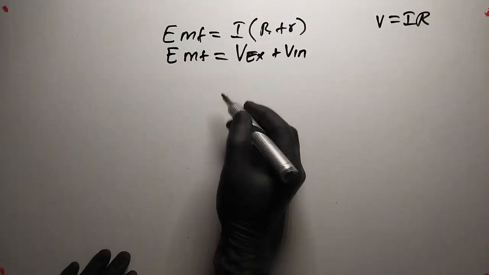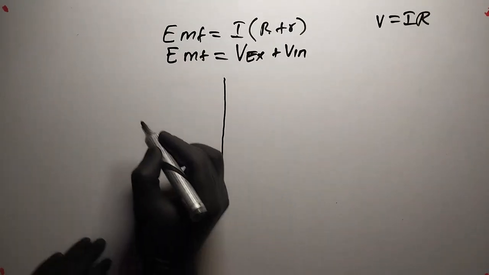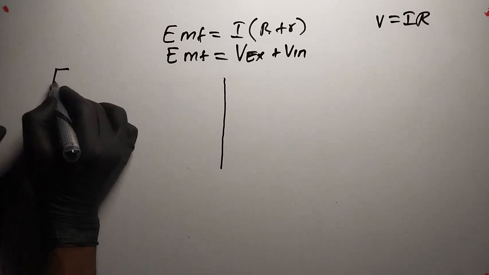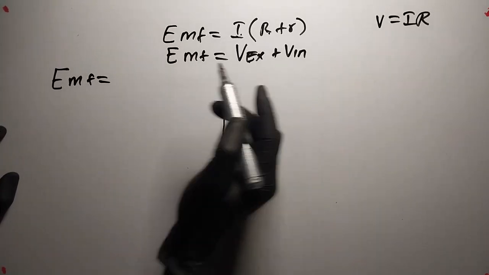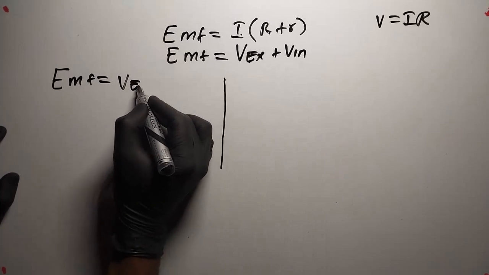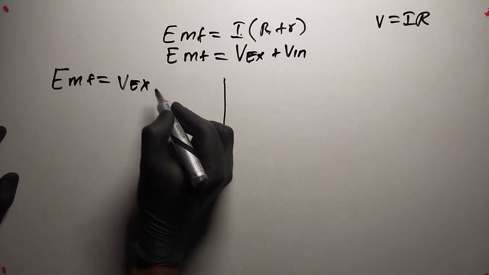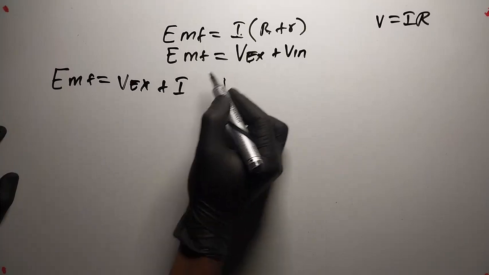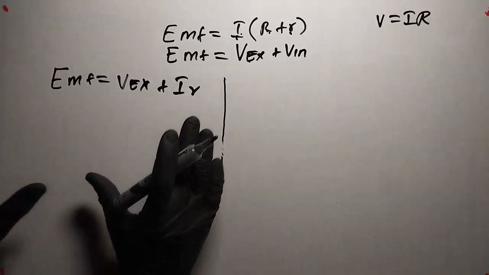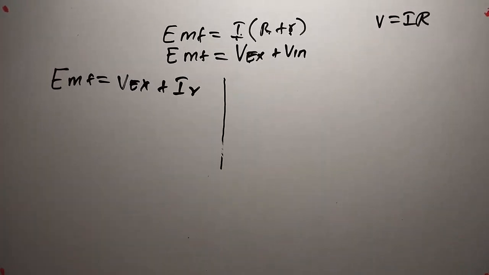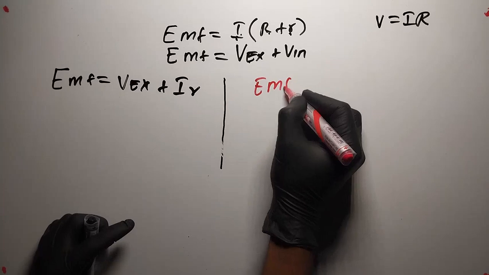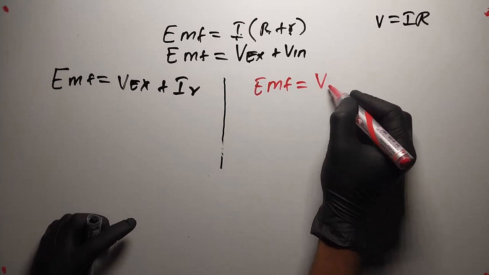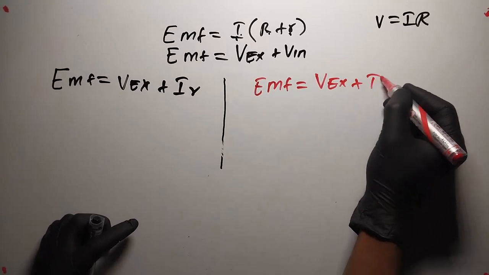You're going to write this down: EMF equals V external plus your I times r, the internal resistance. For the other experiment, I'm going to use a red marker: EMF equals V external plus Ir.